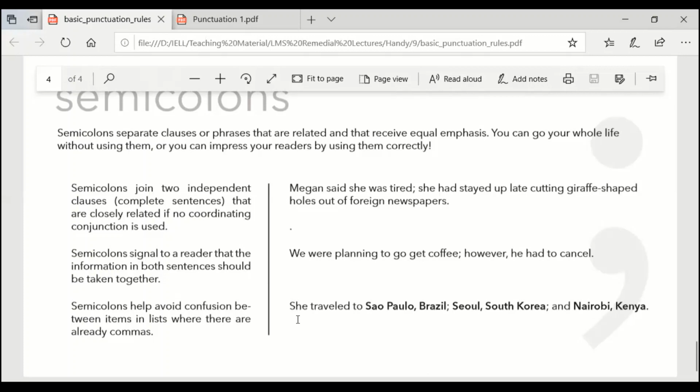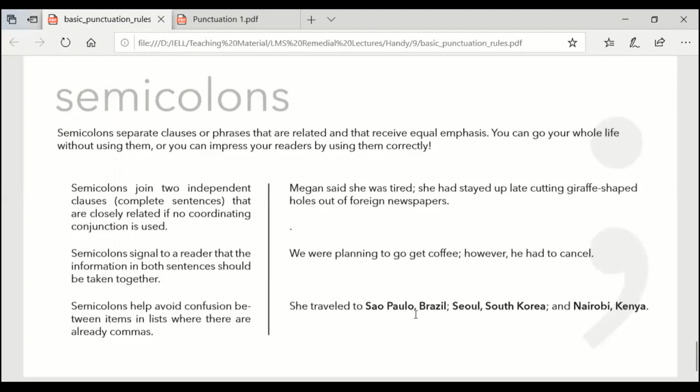So I'll provide a simple example, when we're talking about a list within a list. For example, this is one list, this is another list, and this is a third list. These are basically three things, maybe related to continents or areas. So we see here that two countries are separated by a comma, then there's a semicolon, then a comma, and then a semicolon and a comma.